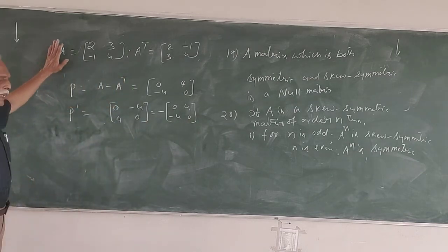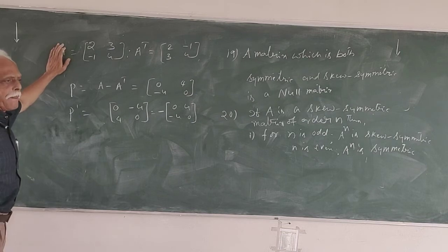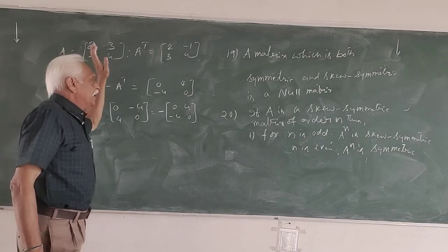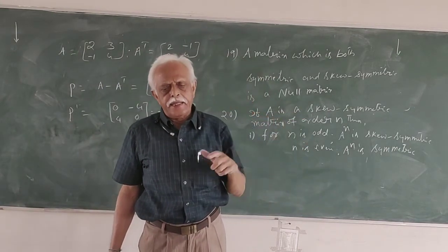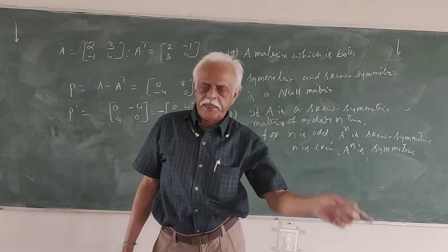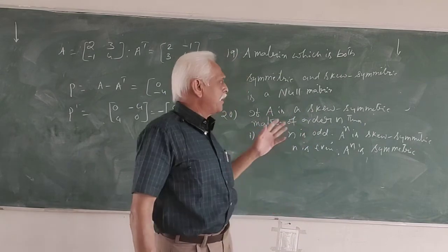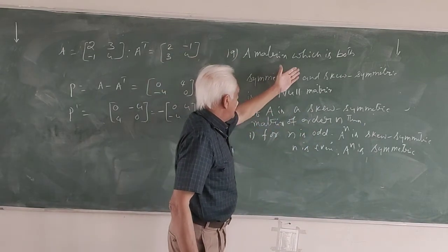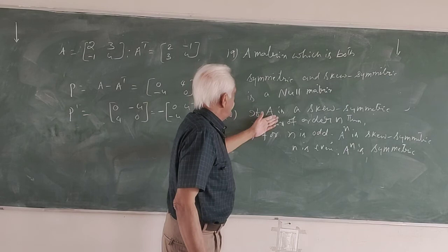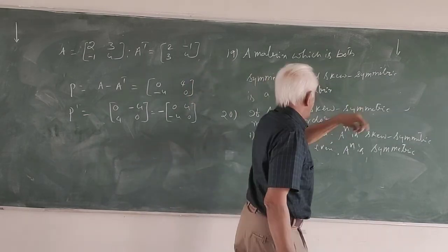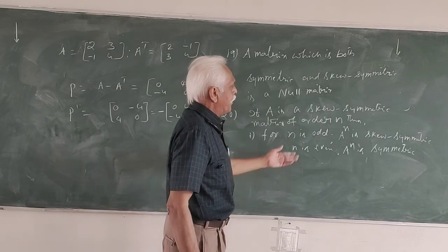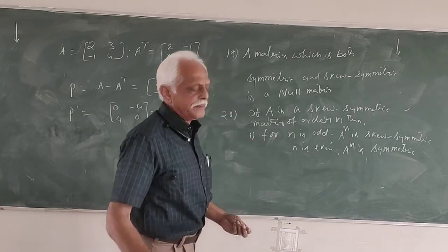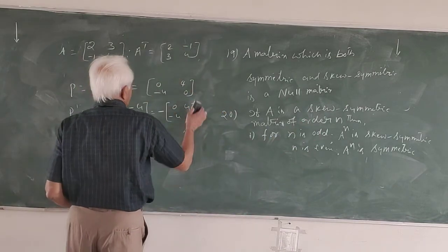Understand this? I take a matrix A. Always you know that A plus A dash is symmetric, A minus A dash is skew symmetric. Now what is the formula? If a matrix A is a skew symmetric matrix, then for n odd, A power n is skew symmetric.